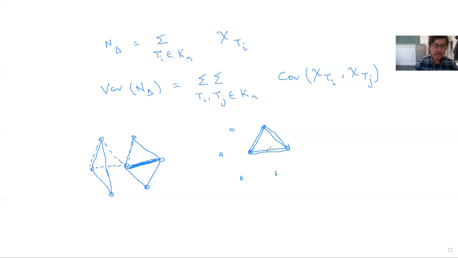So in principle, we have to count this, but actually that pattern can never arise. So we have to consider pairs of triangles which have one edge in common and pairs which have three edges in common in calculating the variance.